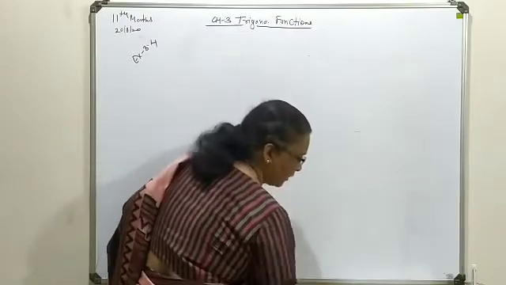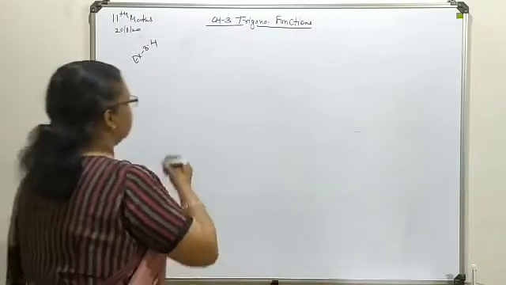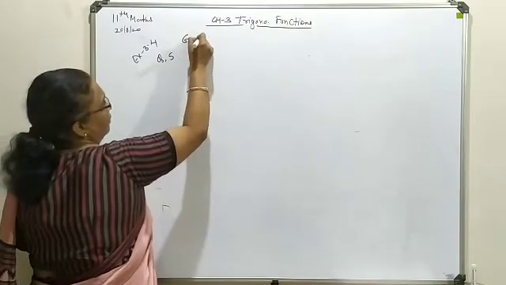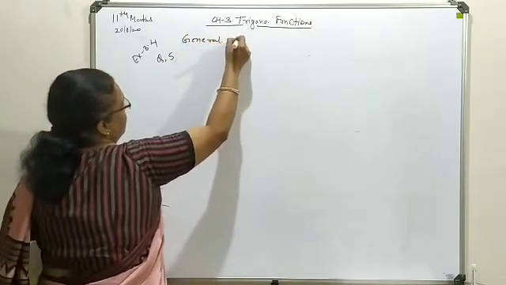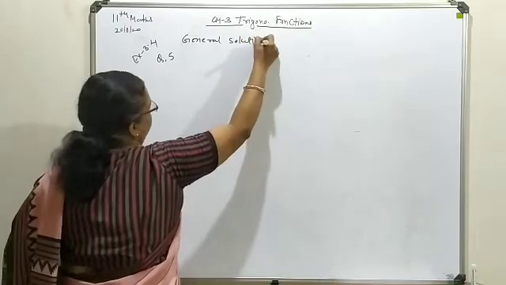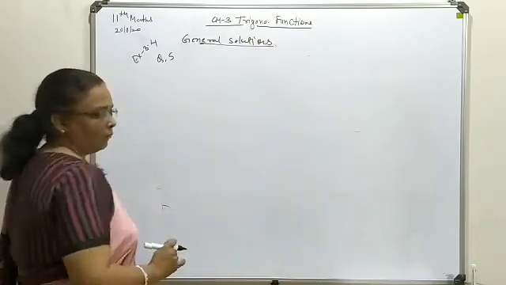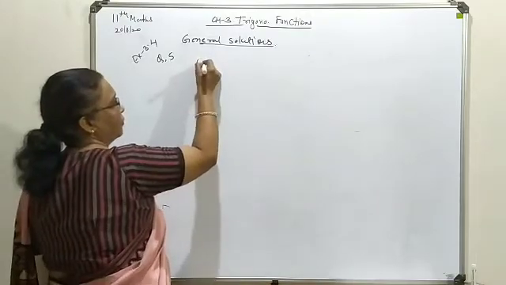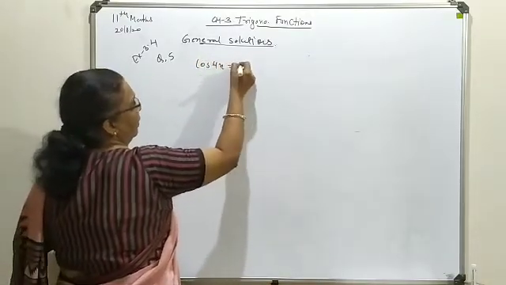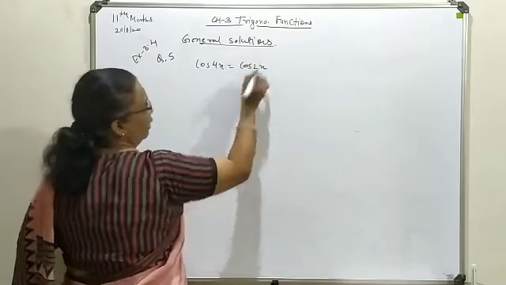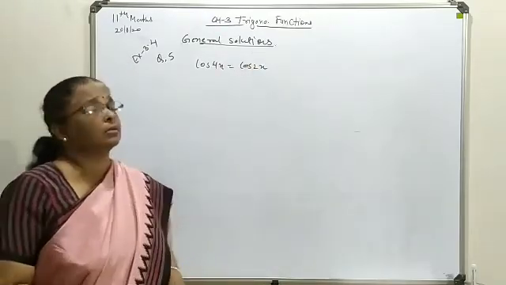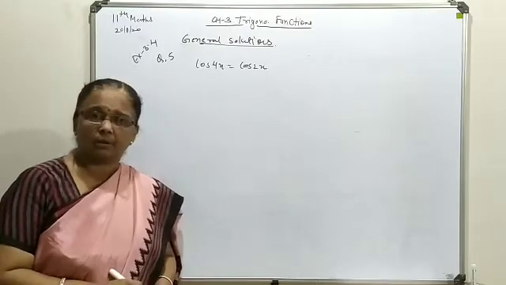Now everywhere general solutions are being asked. First question we are going to attend is question number 5, in which your cos terms are given. So here directly we can't make a cos cancel and have a solution x.